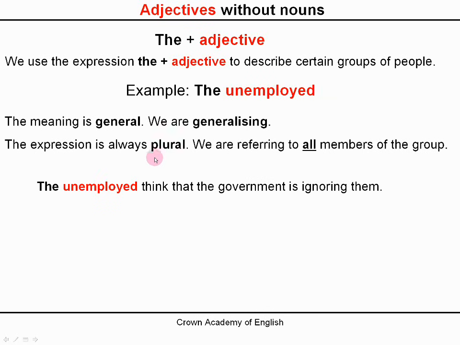And as I say here, this is the unemployed, this is plural. So since this is plural, then the verb must be plural. So this is the third person plural of the verb think. And this object pronoun is also the third person plural, ignoring them. Okay?